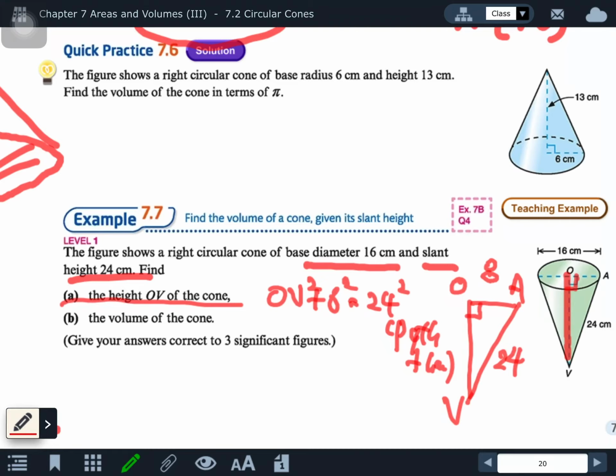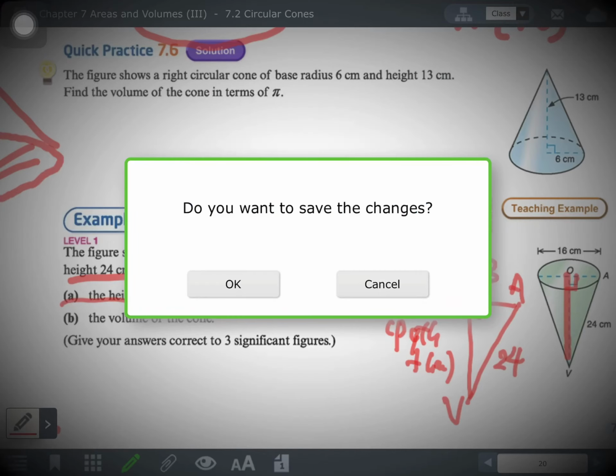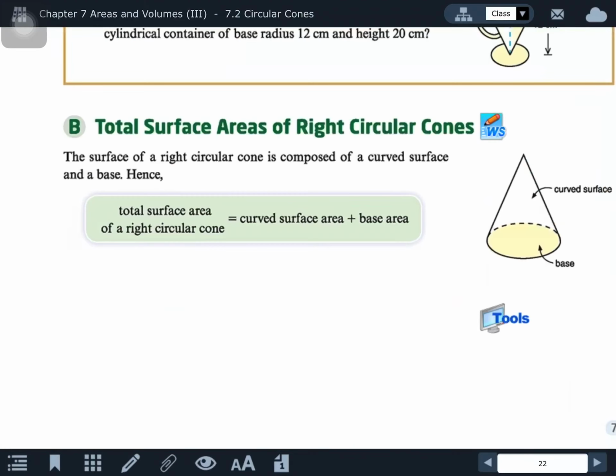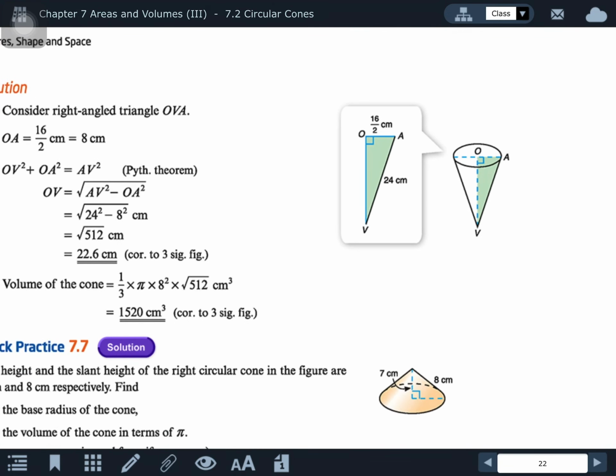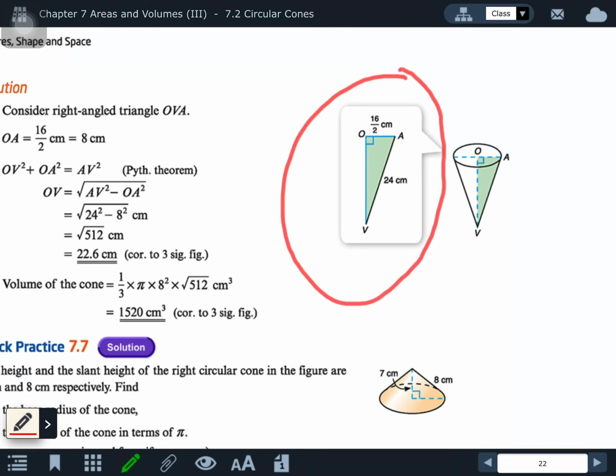Alright, I will show you a clearer version. In this case we also do the same thing by having the triangle VOA, and then we can use the Pythagoras theorem.